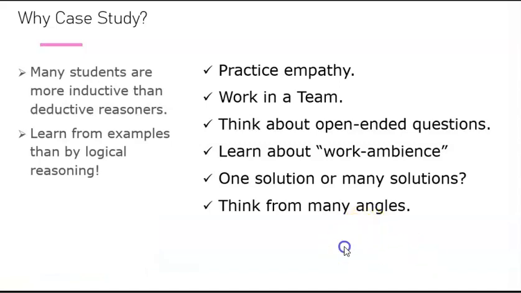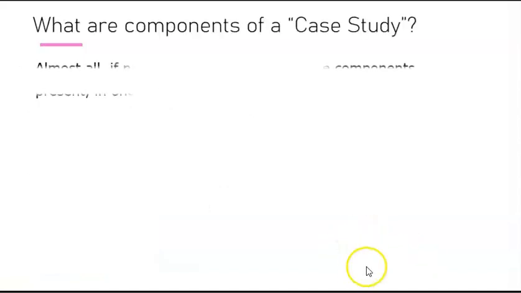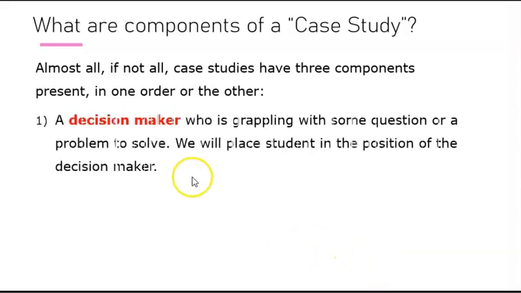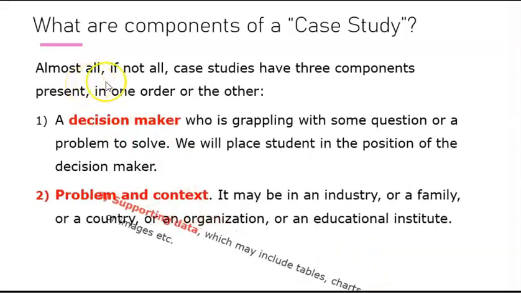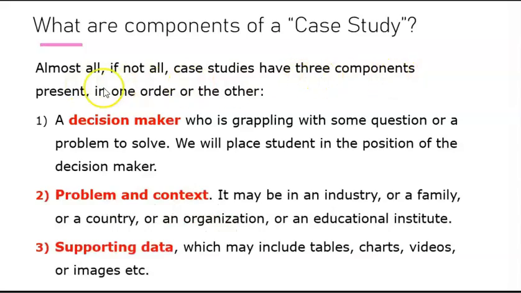And we'll see what are the essential components in a case study. Almost all, if not all, case studies have three components present in one order or the other. Number one is a decision maker who is grappling with some question or a problem to solve.